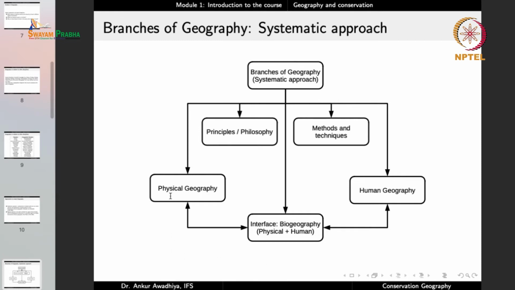Now in this case, when we study physical geography, we study the patterns that are found all over the world. We are not studying physical geography in a very specific region. We are asking about the processes that result in various different landforms or geographical phenomena in various parts of the world.